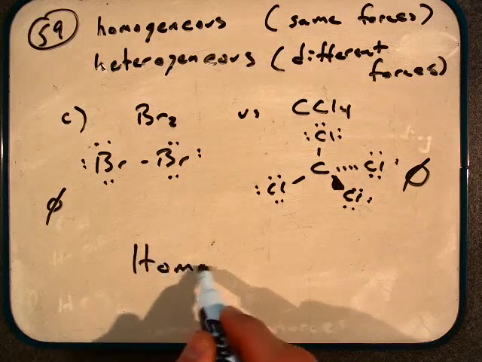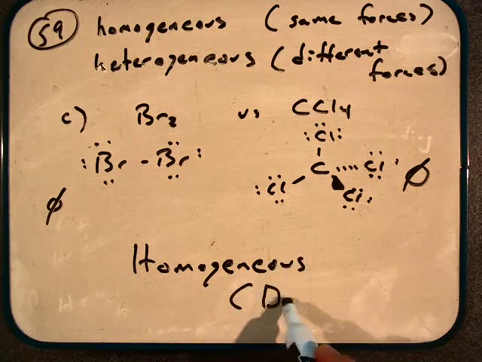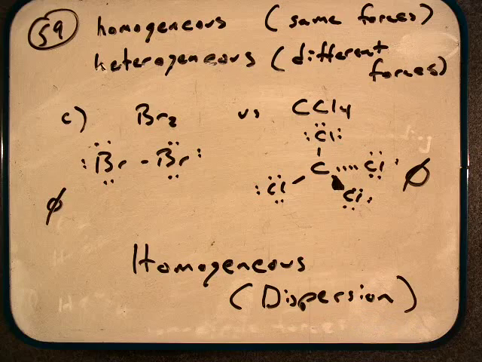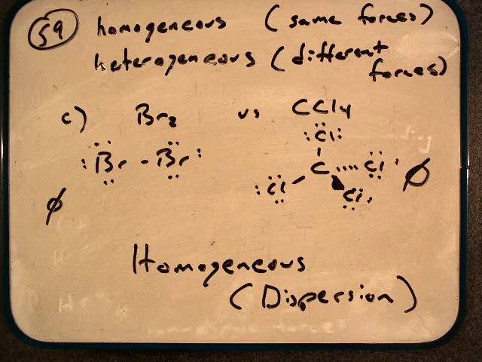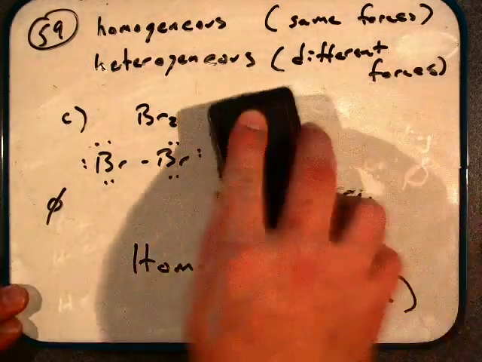So both of these have dispersion forces, and that's why it's going to be homogeneous, because they both share the same type of force of attraction, namely dispersion forces. And so that's when we would get a homogeneous solution, if we have the same type of force of attraction.